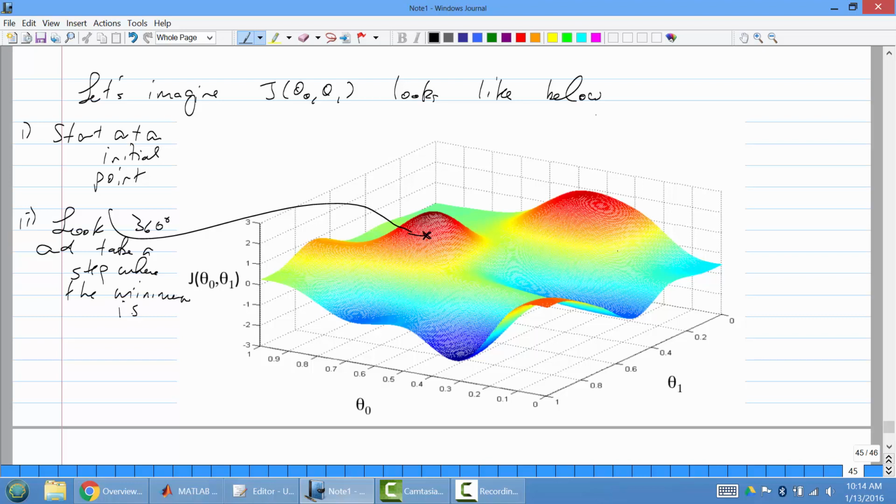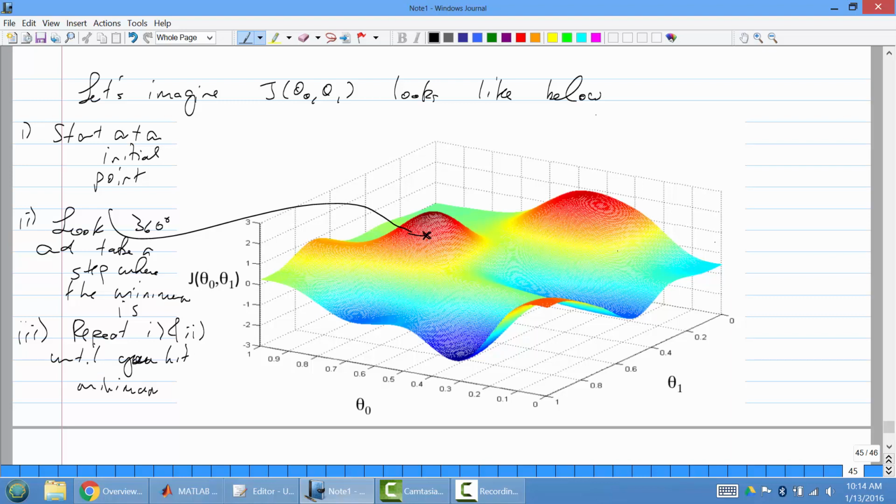You want to go down the hill, and then you just repeat steps 1 and 2 until you hit the minimum. So that's the idea of gradient descent.